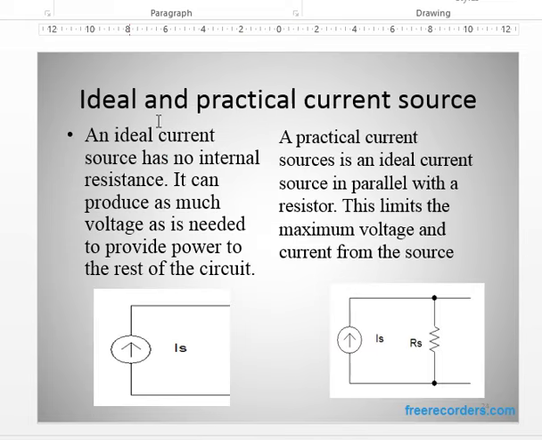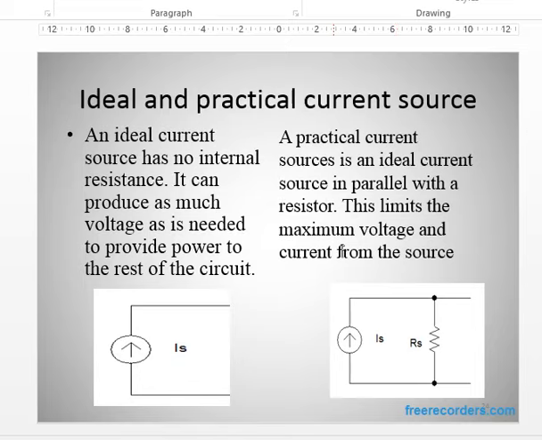What are ideal and practical current sources? An ideal current source has no internal resistance. It can produce as much voltage as it needs in the outer circuit. A practical current source can become an ideal current source if its parallel resistance is infinity.